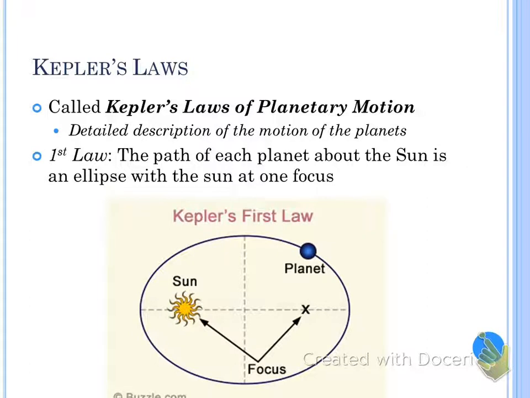The focus point has to do with the angle it is from the planet, the distance that it is from the planet, and a relationship between the period of this planet's orbit and the radius on which it is from the sun. I'll show you the equation that goes with that. But he's developed this idea that at any point in a planet's orbit, they can locate the sun based on those focus points.